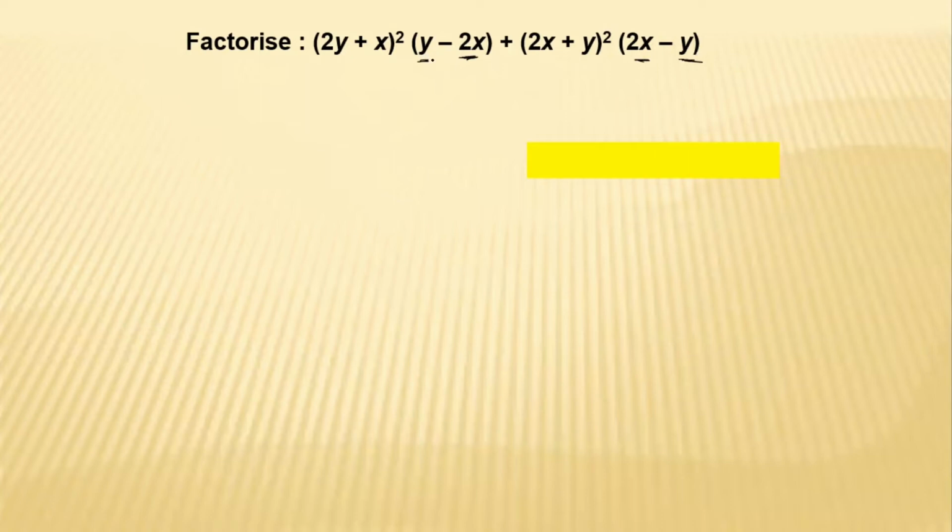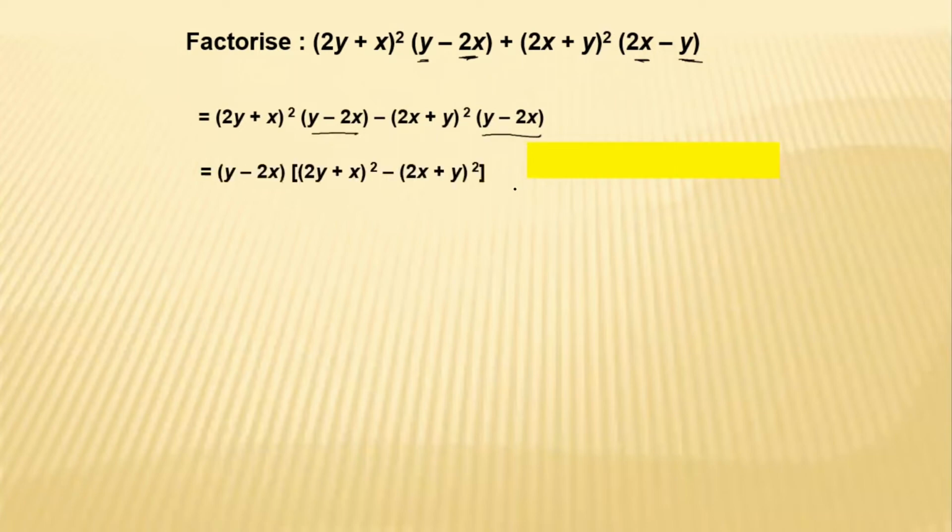If I have to make it y minus 2x, then I'll have to multiply by minus 1 over here. So by multiplying by minus 1, this becomes y minus 2x. Now here we have y minus 2x and y minus 2x common, which can be taken as common. So y minus 2x taken common from here, 2y plus x the whole square remains, and from here 2x plus y the whole square remains.